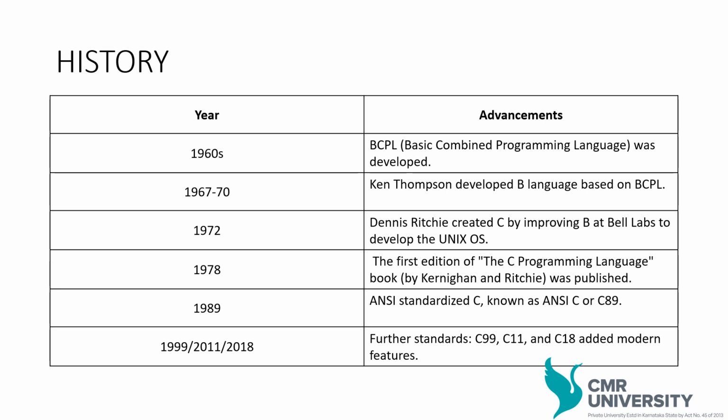In 1989, ANSI Standard C, known as ANSI C or C89, was released. In later years, we got other standards of C: in 1999, C99, in 2011, C11, and in 2018, C18, which added modern features to the C programming language, which was first developed in 1972 by Dennis Ritchie at Bell Labs to develop Unix operating systems.